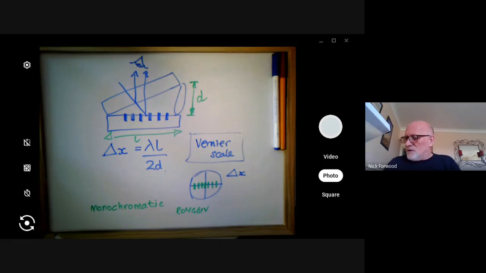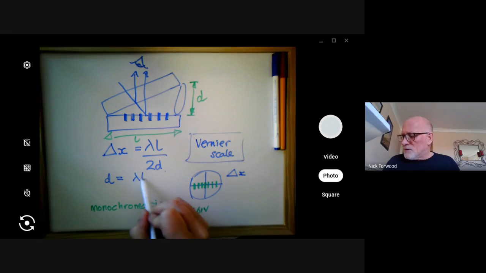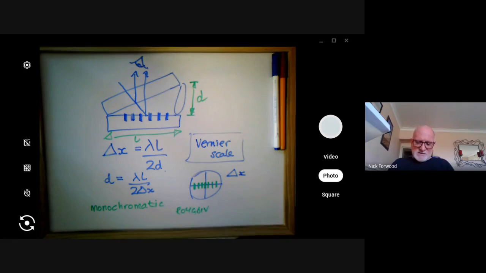So rewriting the formula, if you wanted to make D the subject of the formula, it must be this: D equals lambda L over 2 delta X. And that's what we're going to have a look at this morning with the virtual experiment, which is what you would see if you were actually in school, but you can only look at it one at a time. Here we can all look at it all at once.